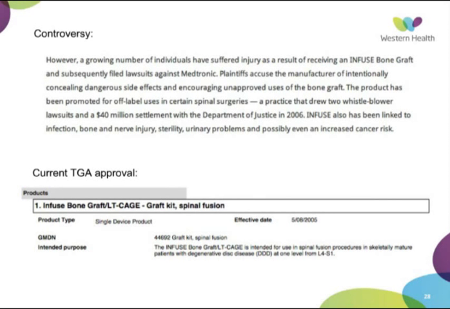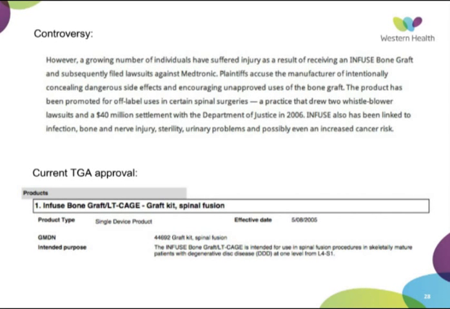And this is just a statement from the FDA's website, describing some of those risks, such as nerve injury, sterility, urinary problems, potentially increased cancer risk, and that there are a number of lawsuits against these original authors, alleging that they withheld information.